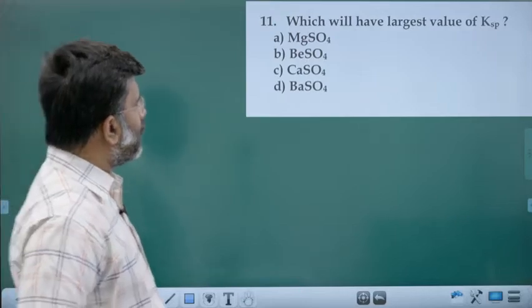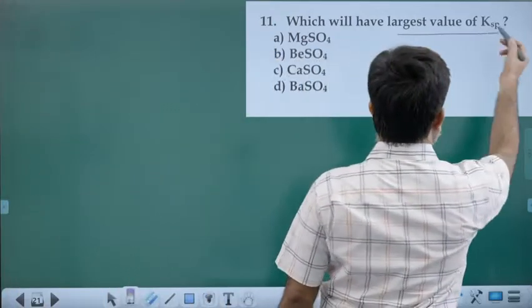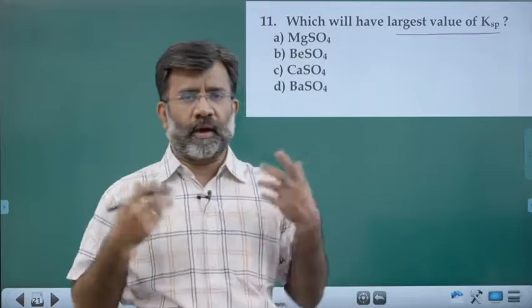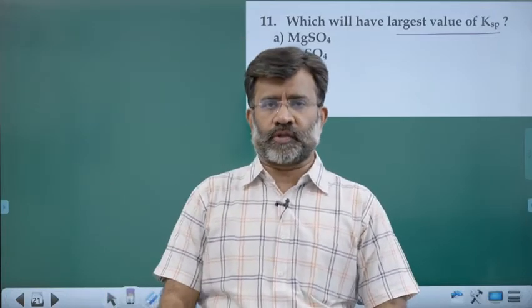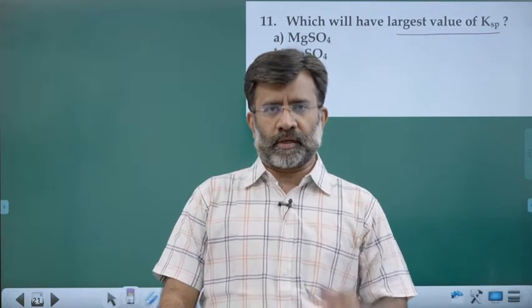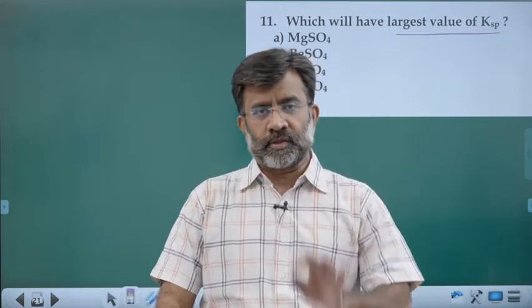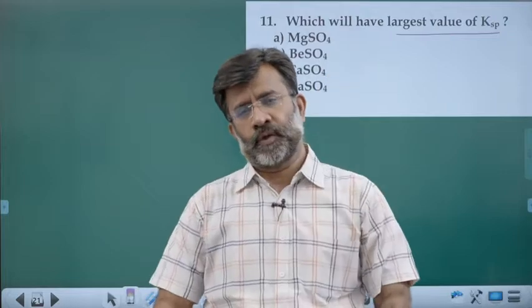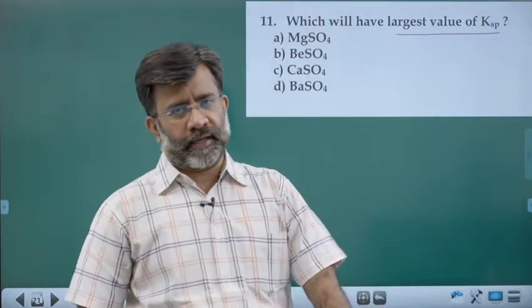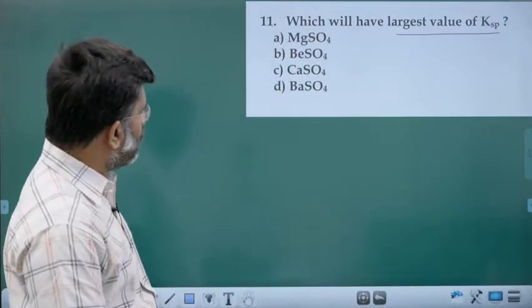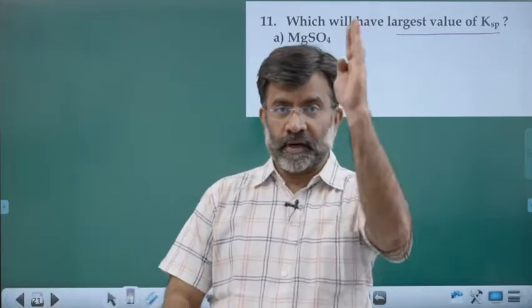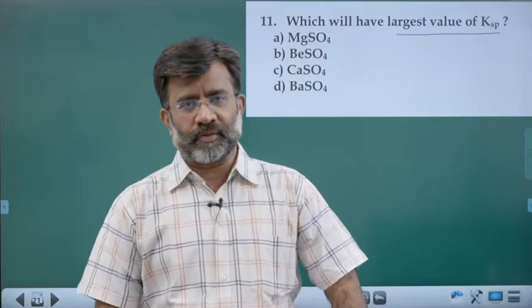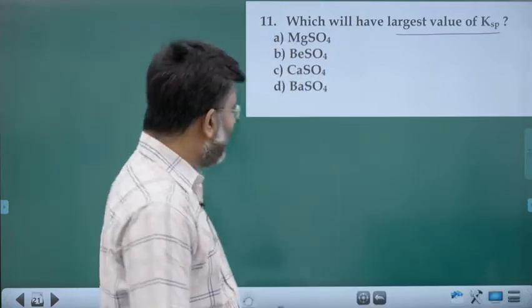Largest value of Ksp, high Ksp. Which one will have high Ksp? Ksp means solubility product constant, and a high Ksp means high solubility. Among alkaline earth metal sulphates, you know the solubility decreases down the group. Beryllium sulphate is highly soluble, and that is the answer.